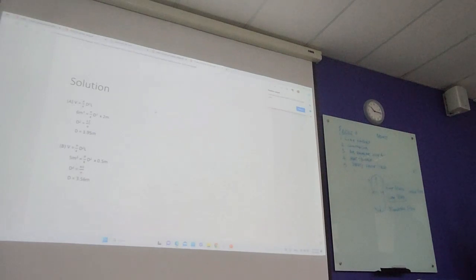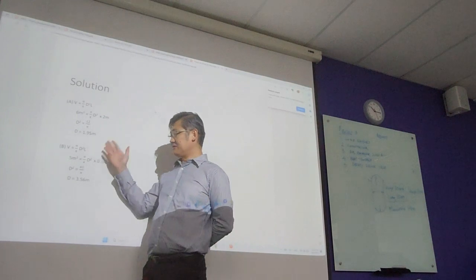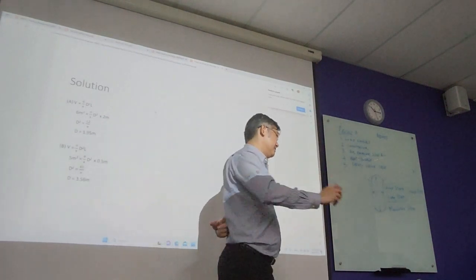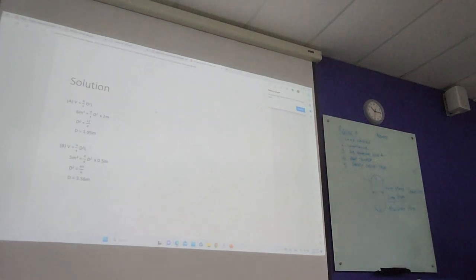The idea is later you have to find the length. After you find the length, then you are able to find your diameter. That is like the height of the cylinder. So the takeaway is you copy the formula for volume.